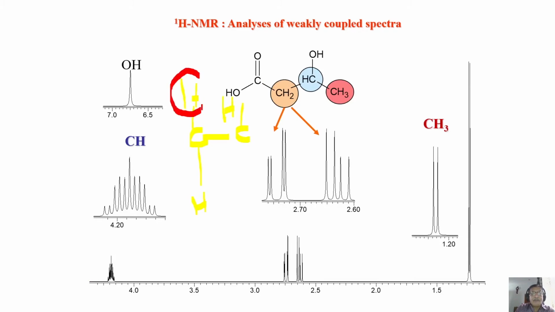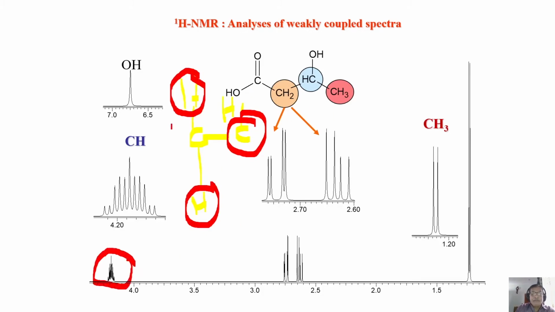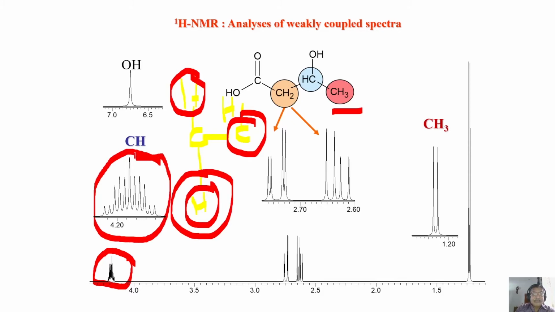Now, I call this the A proton, this M, and this X. And X is coming here, which is experiencing coupling with these 2 protons in addition to CH3. Very interesting, right? So now it is a quartet. Each line of the quartet is split into a doublet because of this, and further it is split because of this proton also. As a consequence you are getting multiplicity like this. Otherwise you should have gotten only a quartet of triplets.